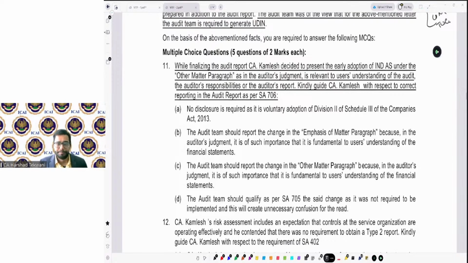Come on, guys. Think, if the management has adopted early a different financial reporting framework, where should it come into the picture in my audit report? Good, Namrata.